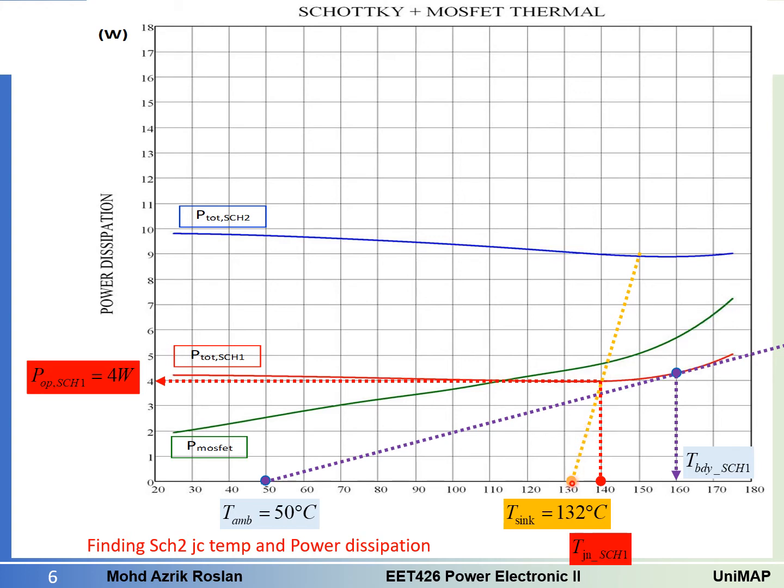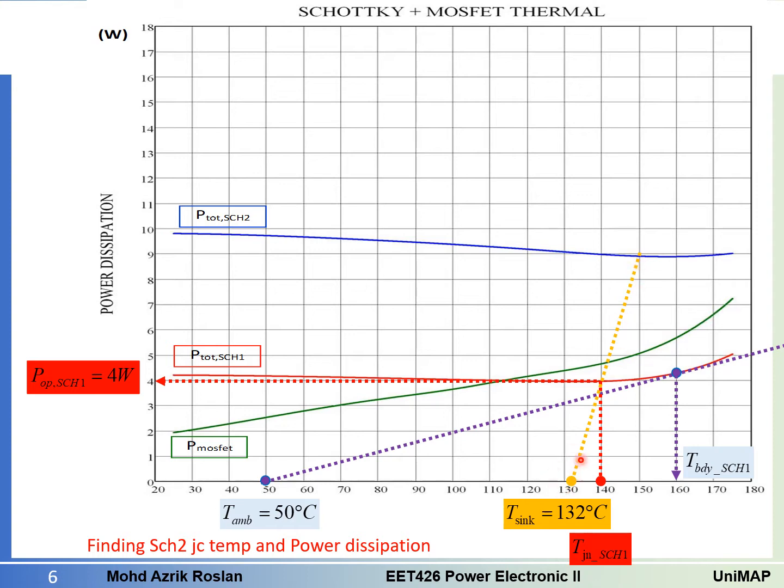So we know that Schottky 2 and Schottky 1 both have the same thermal resistance. So when I draw from this one to this one, and then further increase, this slope will be the same. This is the 2 degrees C per watt slope.